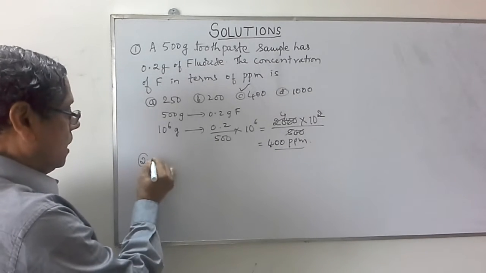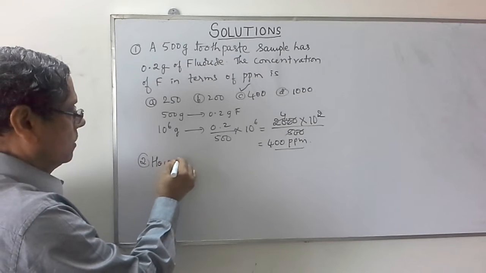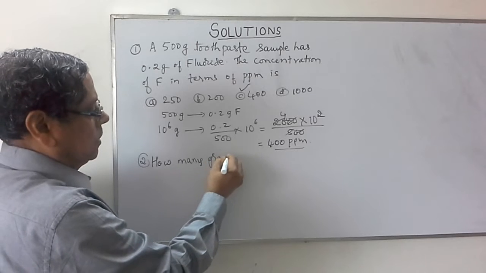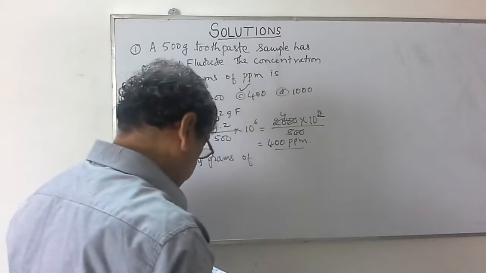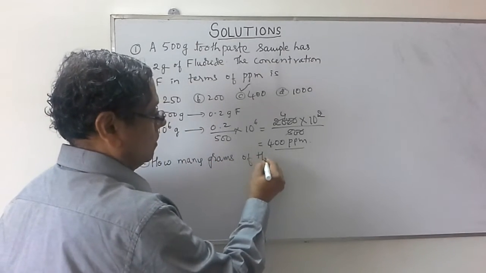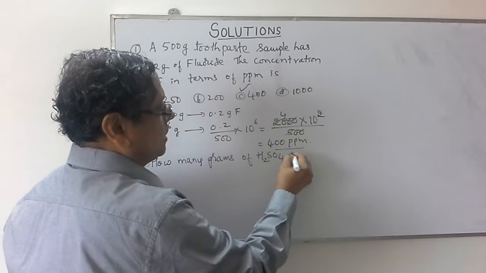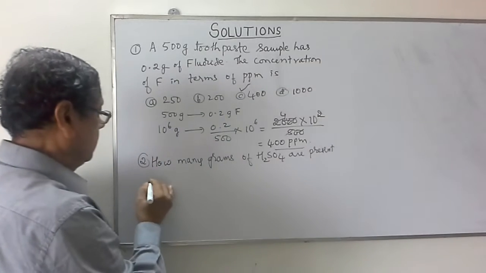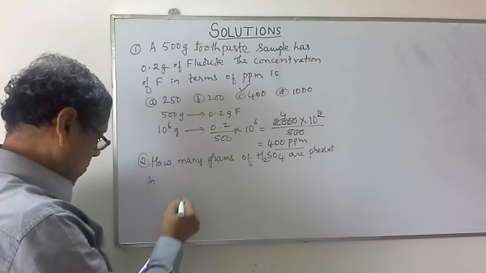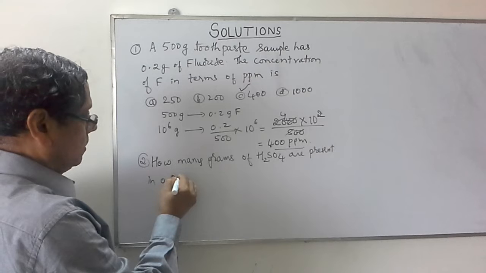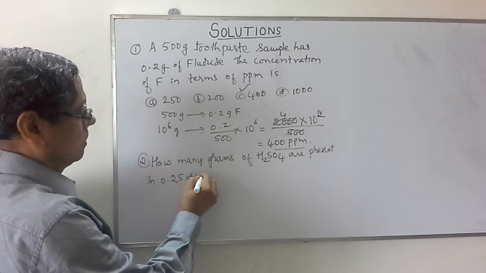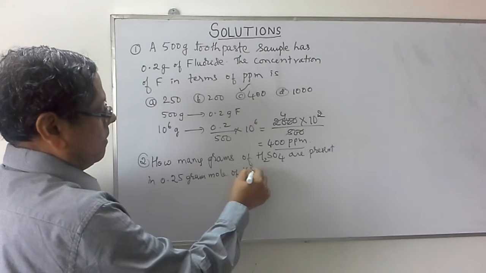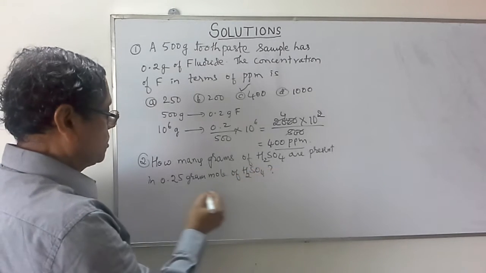Second one: how many grams of H2SO4 are present in 0.25 gram mole of H2SO4? It's a very simple question.